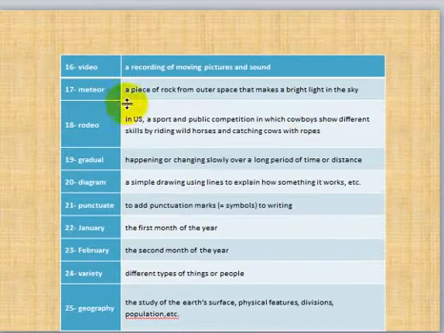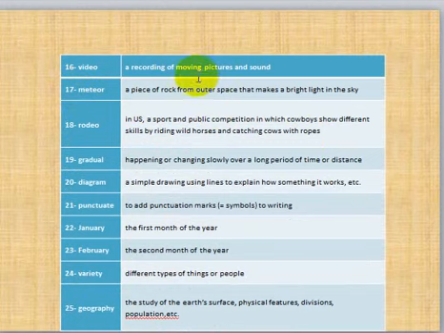Okay, the next page. Video, a recording of moving pictures and sounds. Video, it's very easy. Number 17, meteor, a piece of rock from outer space that makes a bright light in the sky.